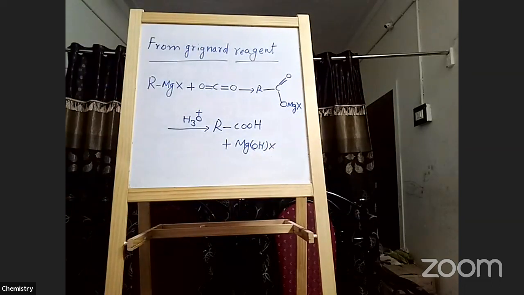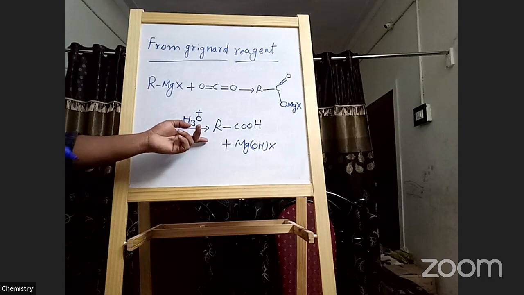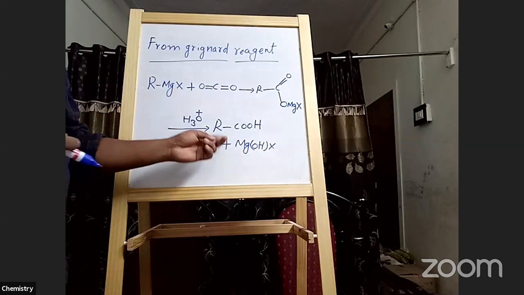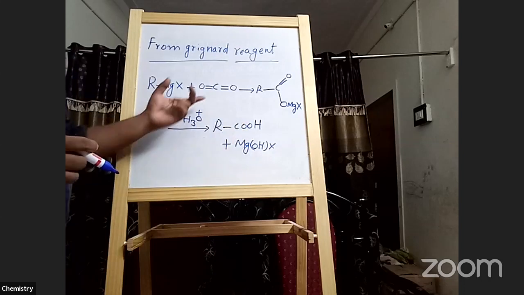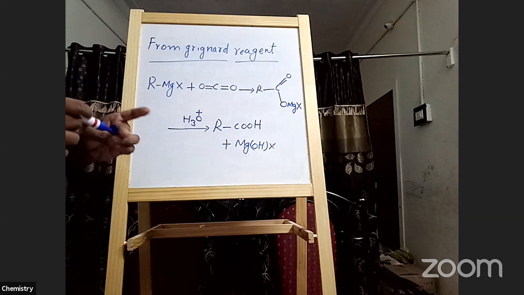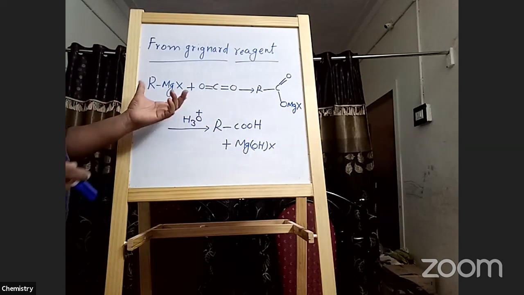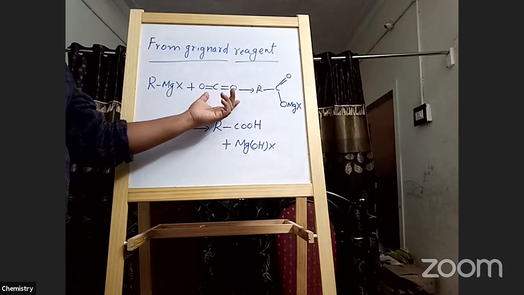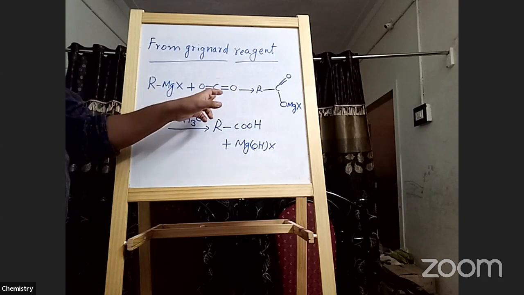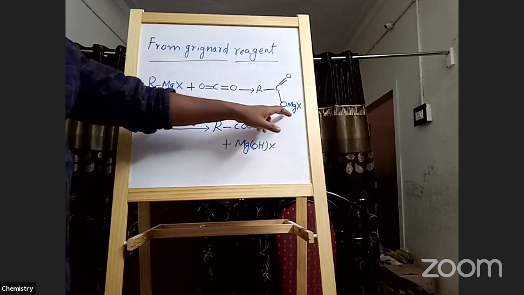So this is the preparation of carboxylic acids from Grignard reagent with carbon dioxide. Once again, listen all of you. The Grignard reagent reacts with carbon dioxide, CO2. The alkyl group adds to the carbon atom and MgX adds to the other oxygen atom.